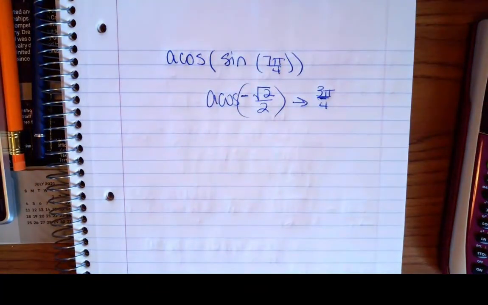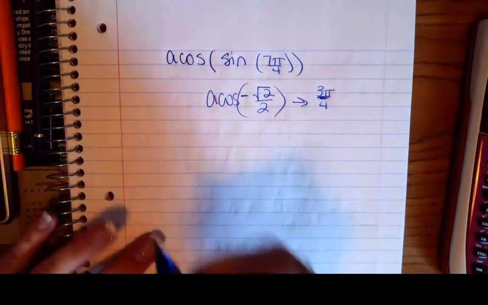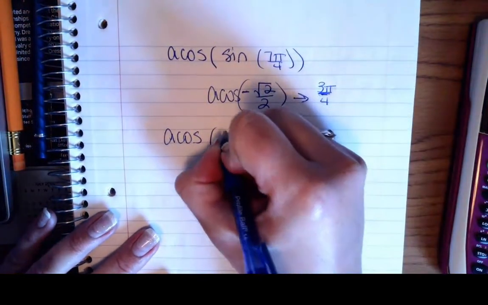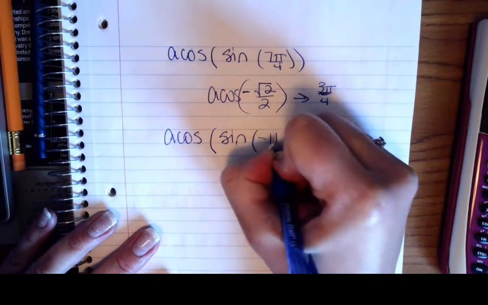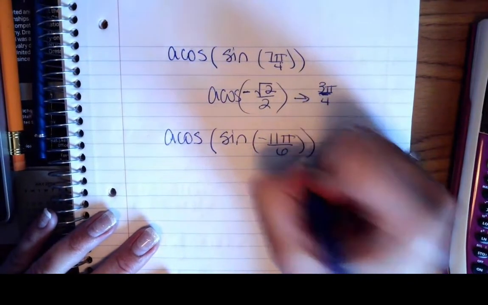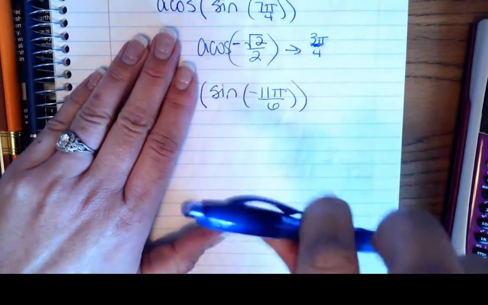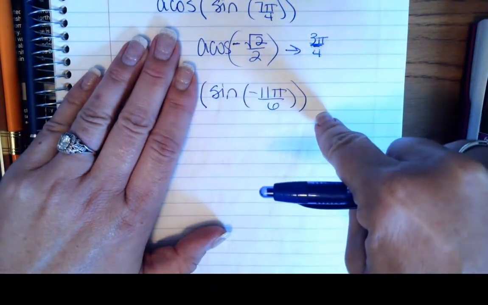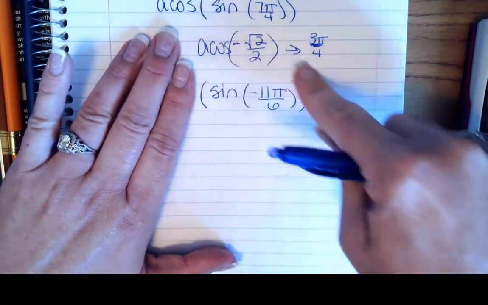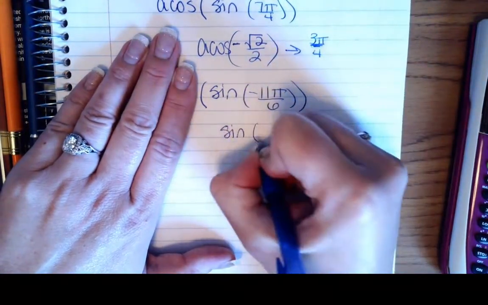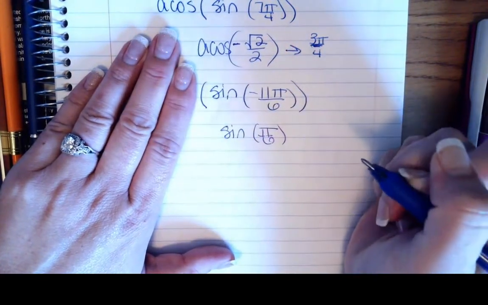Okay, so let's do another one. I've got the arc cosine of the sine of -11pi/6. This is a benchmark ratio, or I can get to a benchmark ratio. I'm going to start from standard position and go down and to the left, 11pi/6, which is going to land me at pi/6.